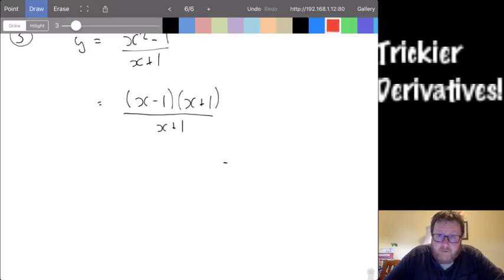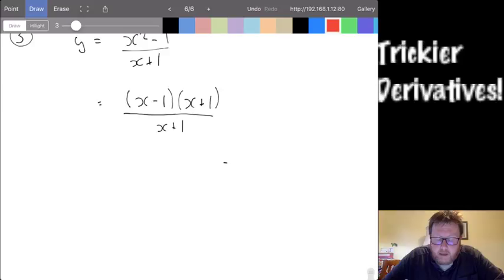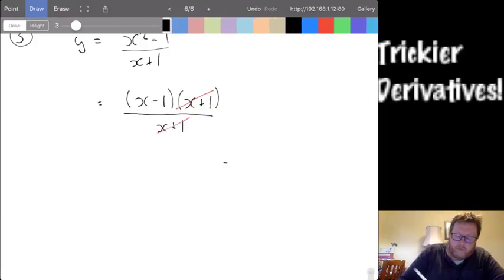Okay, so I have factorised it. Now, because I've got two factors multiplied together, x minus 1 and x plus 1, and the whole of the bottom is an x plus 1, I can cancel out that whole x plus 1 with that whole x plus 1. That leaves us with the very nice, very simple expression x minus 1, which we can derive.